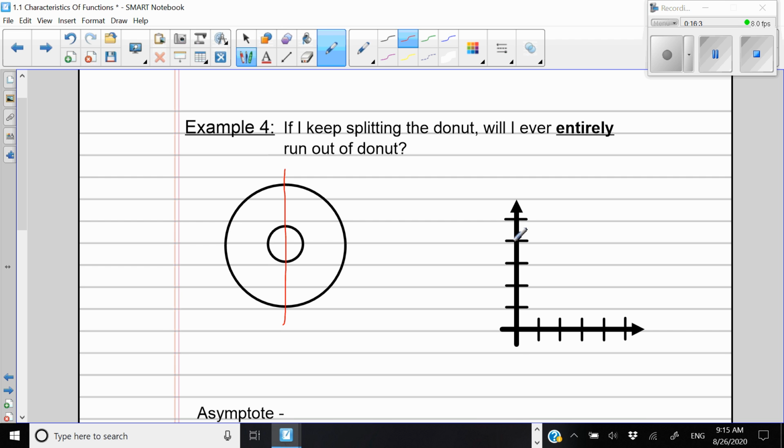I'm going to show the amount of donuts that I have on this graph. The x-axis is the number of slices, and the y-axis is the number of donuts.